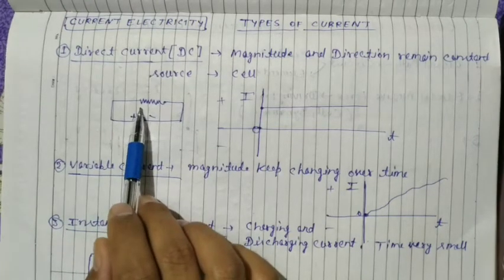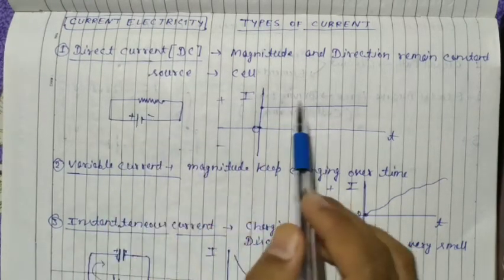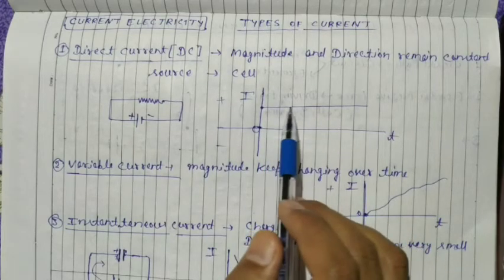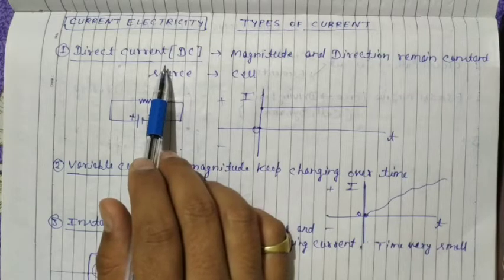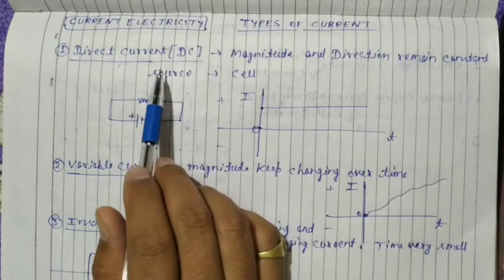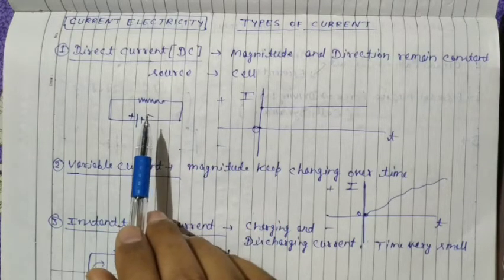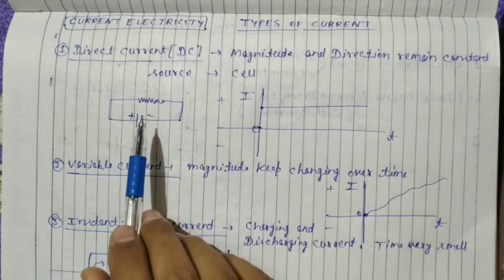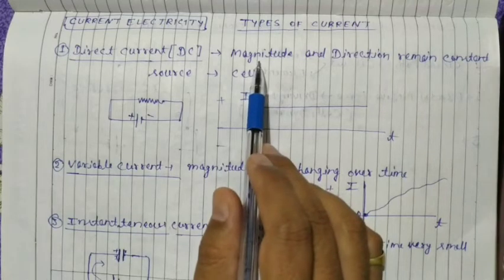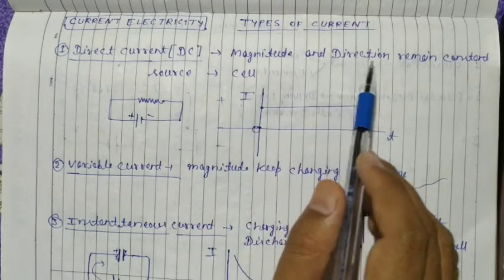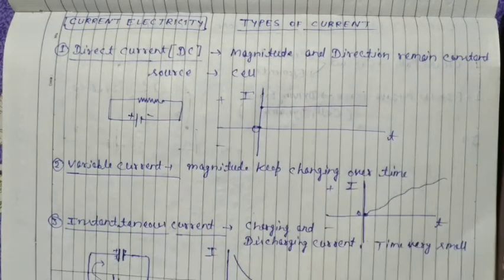This is known as DC current, and this is the graph of current. DC current or direct current: in a circuit, current is flowing in such a way that its magnitude and direction remain constant.